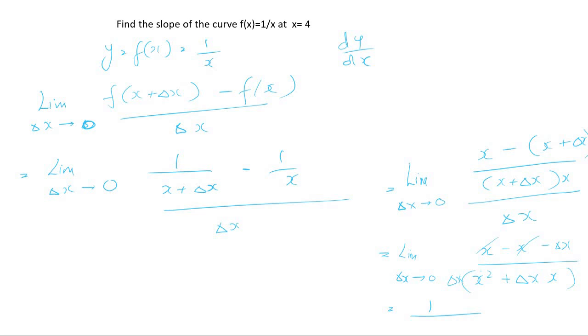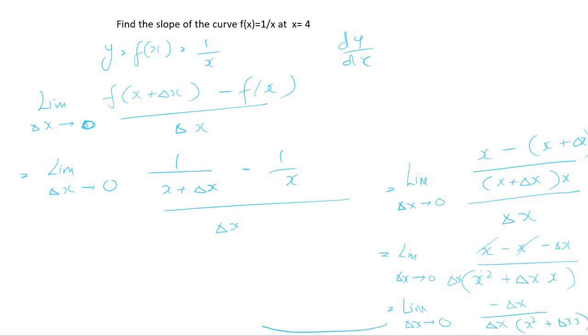So we can cancel these off. Let me write one more step here. So as the limit as delta x tends to 0, we have minus delta x over delta x times x squared plus delta x times x.